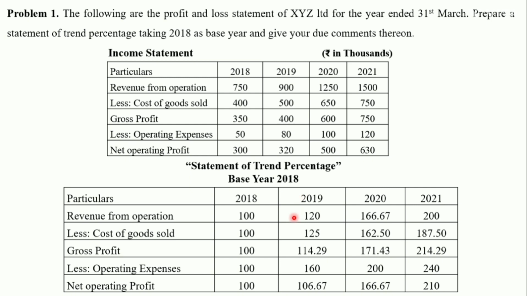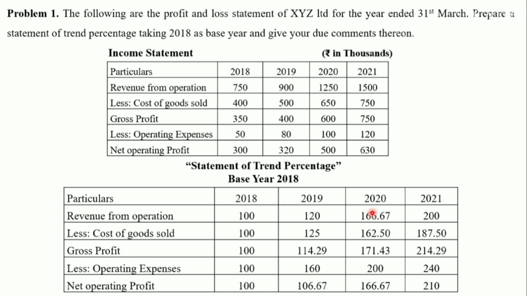Trend ratio means what? We have to divide. See, listen carefully. We have to find out the trend in 2019. What is the figure of 2019? Revenue from operations is 900. 900 divided by 750 into 100 will give 120 as the trend ratio for 2019.